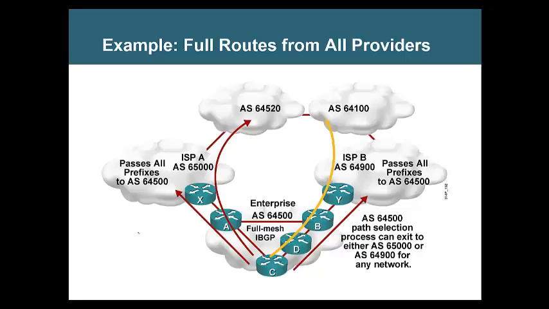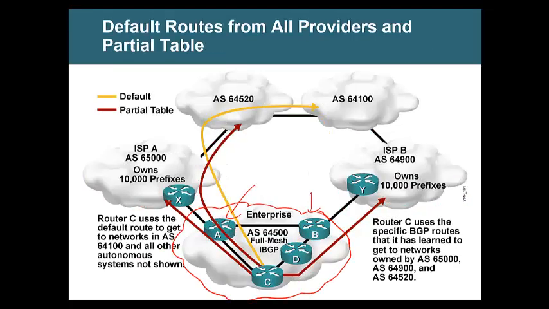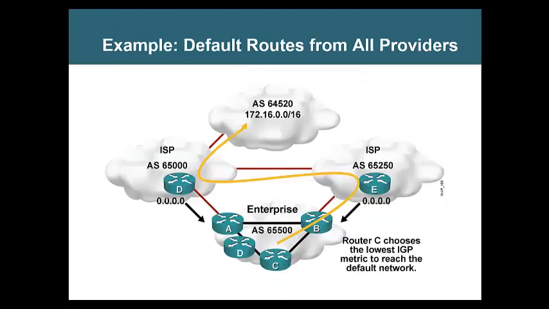So if there is a very big router at your edge and you are willing to learn all the routes from the ISP, you can do so. So these are the options when you have multi-homing. The first option is learning a default route.